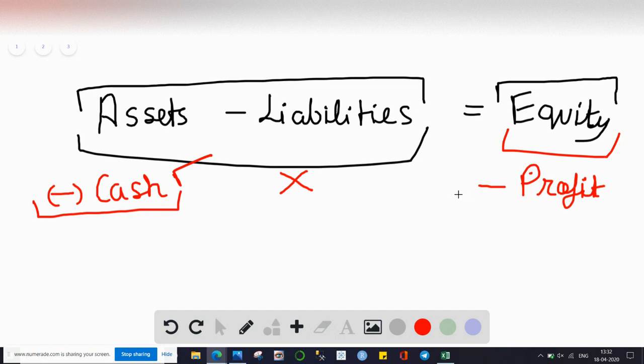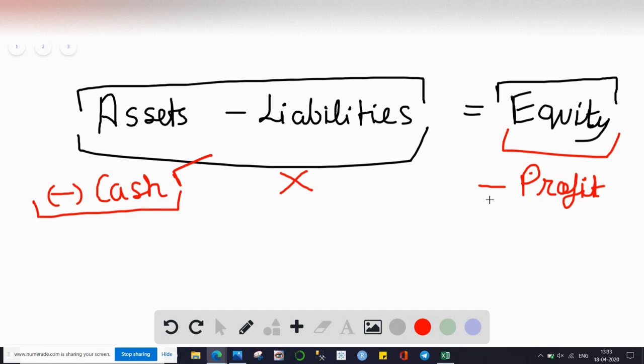Why is that so? Because if you are incurring some expenses, it will obviously decrease your profit, right? Suppose you have earned revenue of $1,000 but have not incurred any expense. That's totally hypothetical. But if you incur expenses, it will decrease your revenue too. That is why the profit will also decrease.